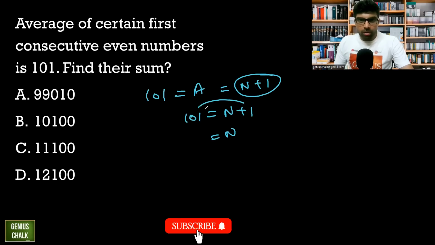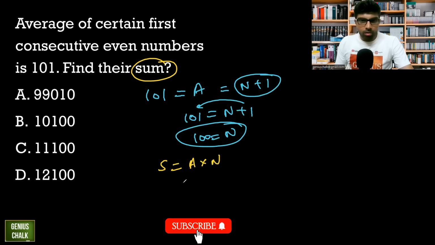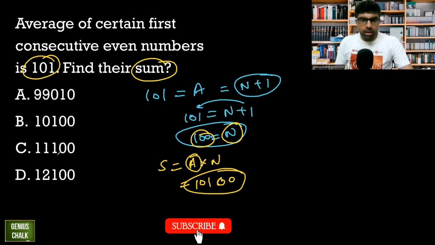Yes, you can tell. 101 minus 1, that is 100. So there are 100 even numbers. If there are 100 even numbers, can I find their sum? Sum is equal to average into number of numbers. Average is already given as 101 and number of numbers is 100. So multiplying it, we get 10100.